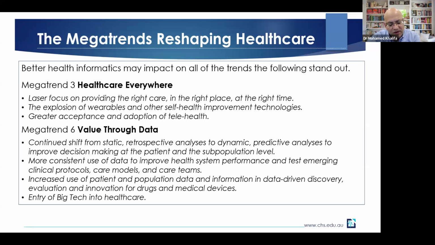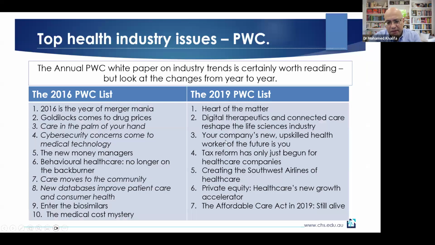Definitely, you will find more information on different reports. So we have so much comparisons and details here. Now, when we look at PwC reports for the annual white paper on industry trends, it's certainly worth reading, comparing 2016 to 2019, and then 2023.